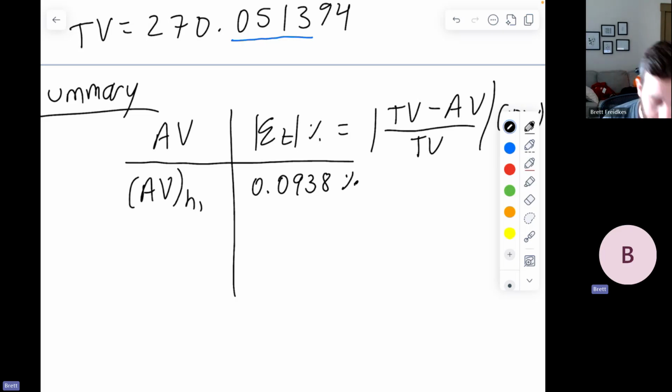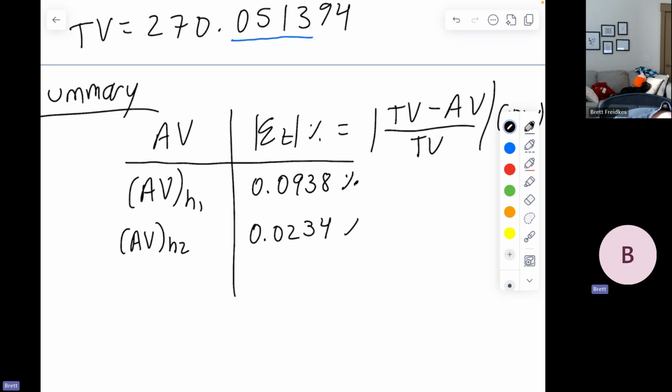But maybe you want to do better. So we decrease h. When we halved it, we end up seeing that our error gets roughly quartered, as we expect, based on our derivation in the previous lesson.